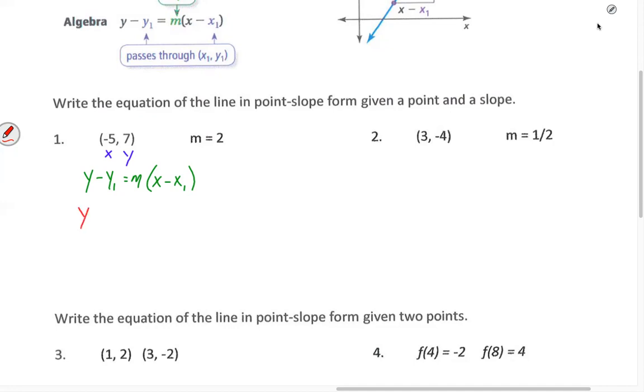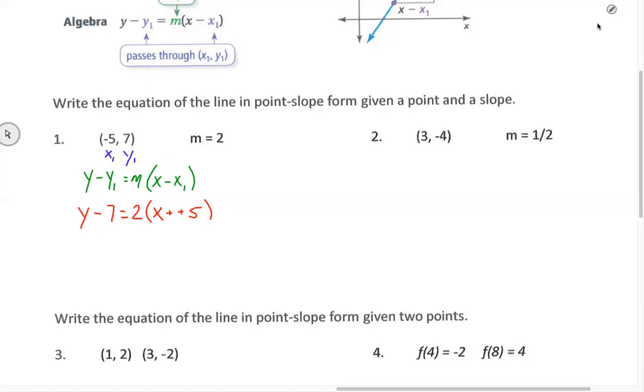So we're going to do y minus 7 equals, what's m? 2. Times x minus, what is x1? -5. And 2 negatives make it positive. These x's and y's are staples. They don't change. So maybe I should write up here x1, y1. And that's it. Problem's done.